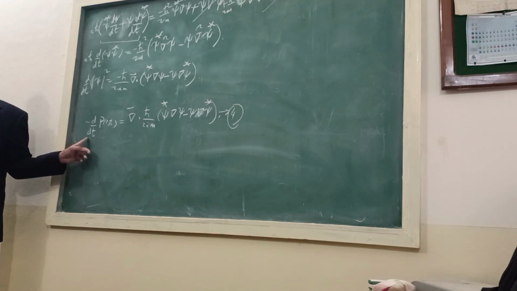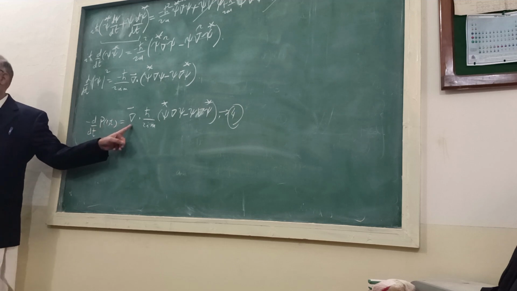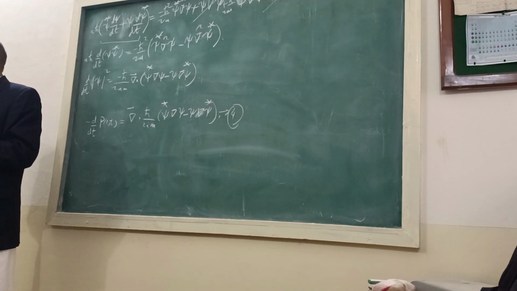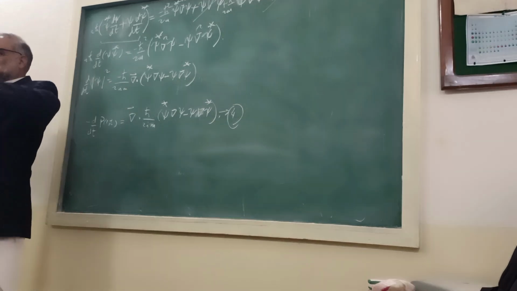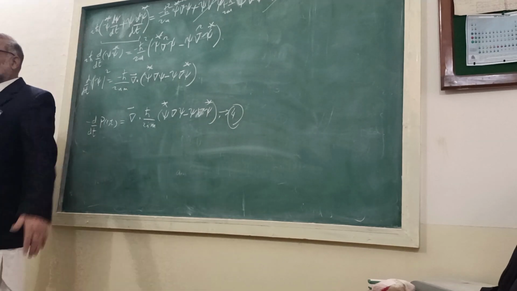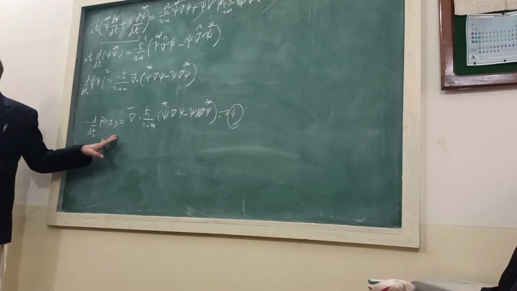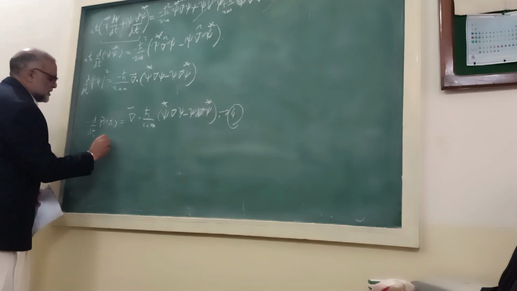Look, the rate of decrease of probability at a point r is equal to the divergence of something. Divergence means swelling, like a balloon. That's divergence. So the rate of decrease of probability density is equal to the divergence of something, and this something we call the probability current.